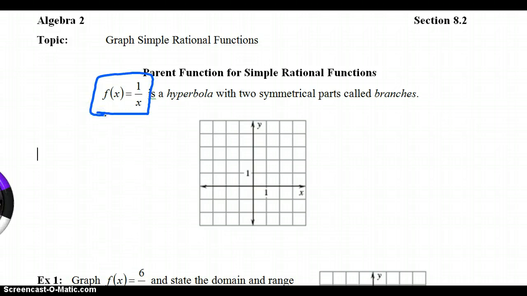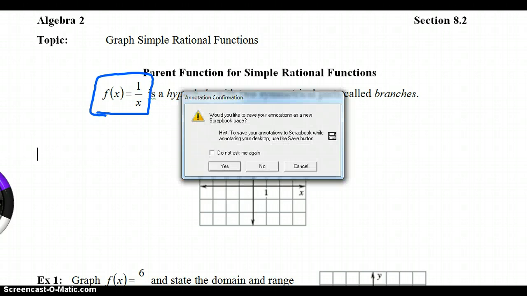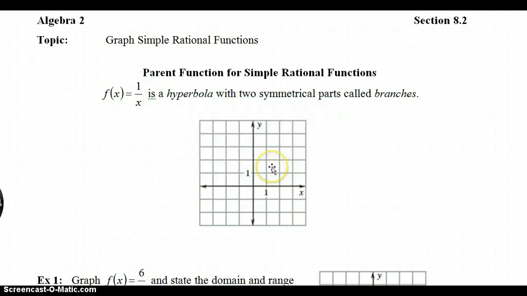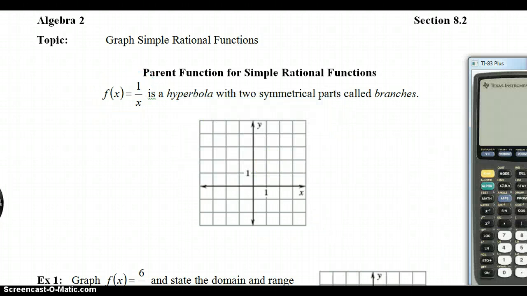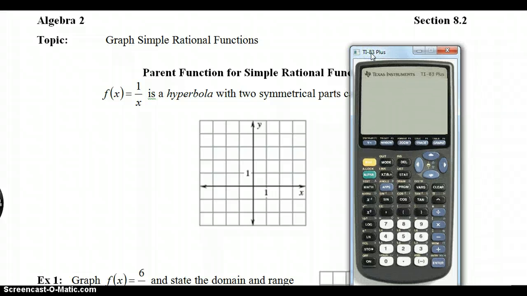So take out your calculator, make sure you hit zoom 6. Also make sure that you punch in your y equals, and let's get a picture of what our simple rational function looks like.